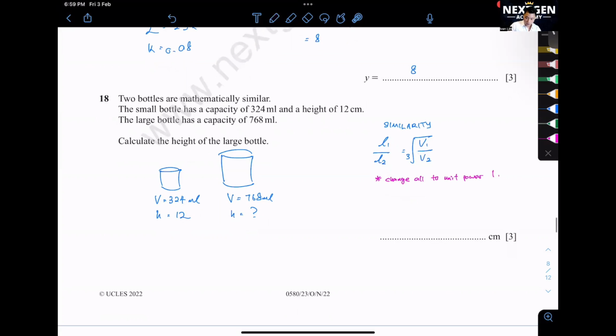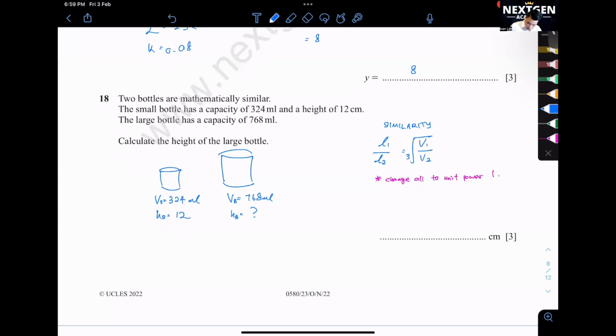So we just need to fit into this formula. For my unknown, I normally put it on my top left so that I don't have to move it around. So I put small and large: VS, HS, VB, HB.